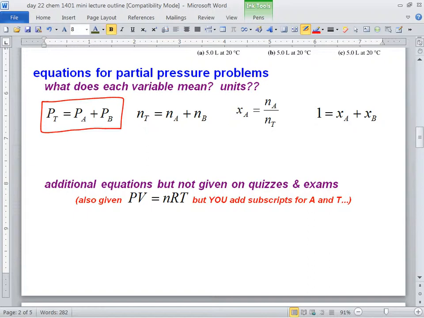Well, all the P's probably mean pressure, right? So P with a subscript capital T, Sarah, it probably would be total. Yeah, there's my total pressure. And then how about the PA or the PB, Giselle? But not really initial and final, though.